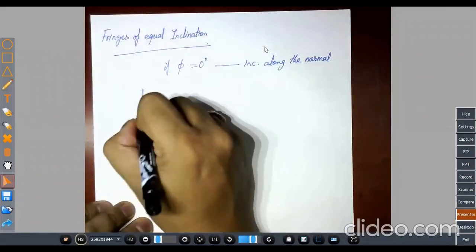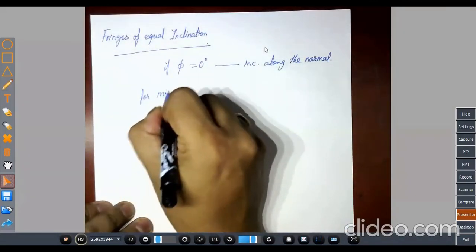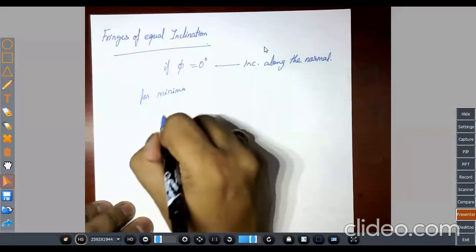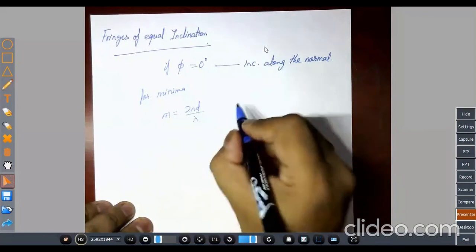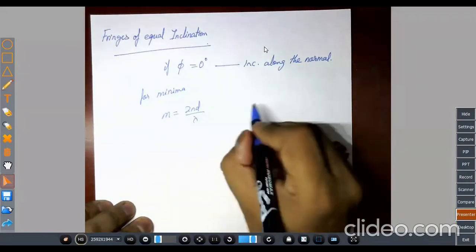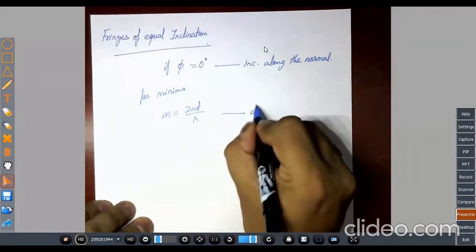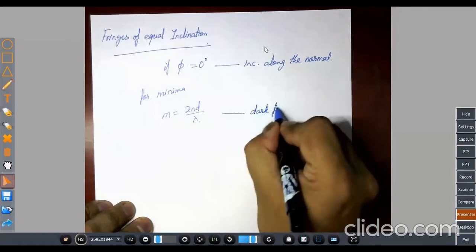So for minima, when phi is equal to 0, we will get a dark fringe.